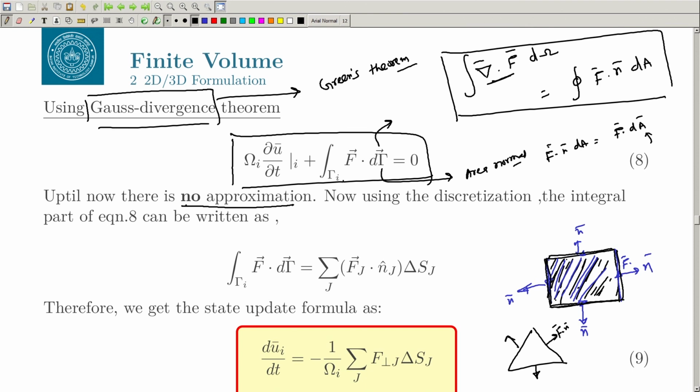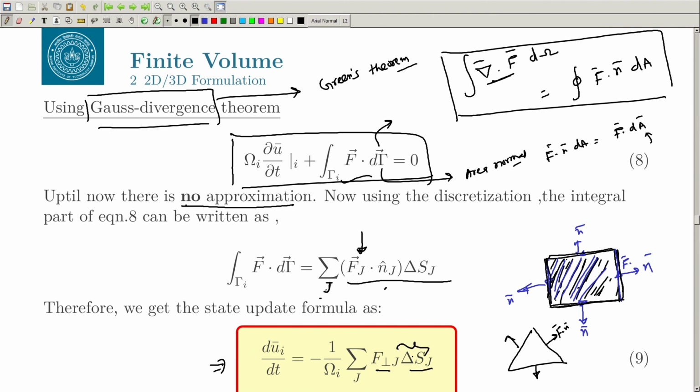So, you can change this integral sign into the summation sign, where j is the number of faces. You go to each face, calculate this f dot n, multiply with delta s, the area on that, and keep on adding across all the faces. And finally, you will get this state update formula, du by dt is equal to 1 by omega, sum over f delta s j. We have the same problem now.